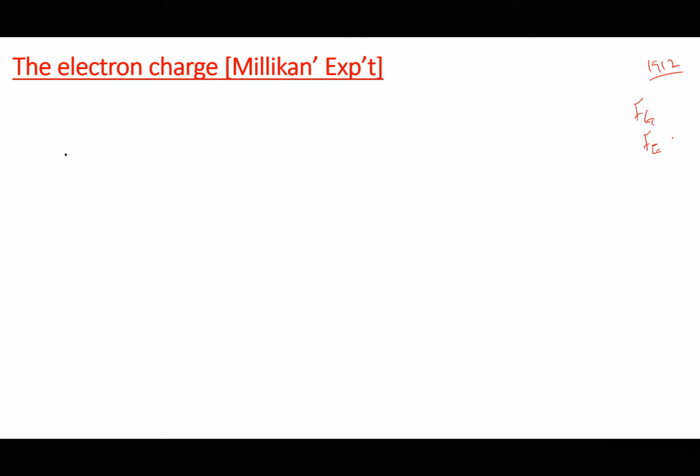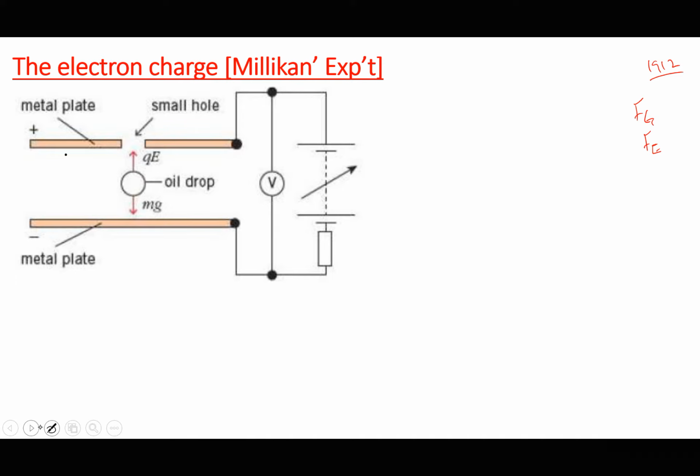So in his experiment, he tried to ensure that there was a balance between the force due to the gravitational field and the force due to the electric field, so that a spherical droplet would remain stationary in between the plates. So this was Millikan's setup.